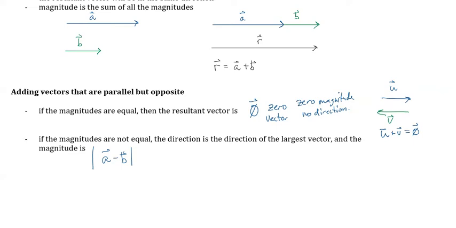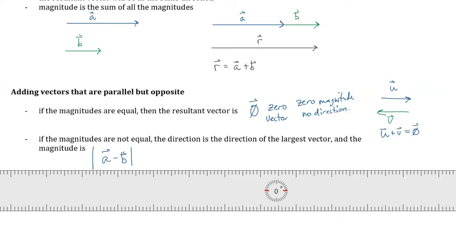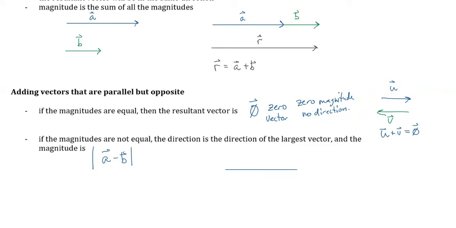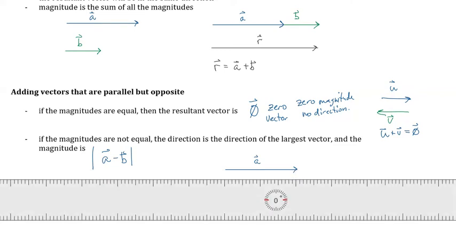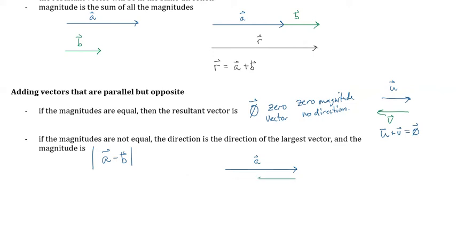So if we go back to our example from before, this is A. This is B. Now, my new B, similar to my old B. Then this is R, which is A plus B. And again, it's intuitive.